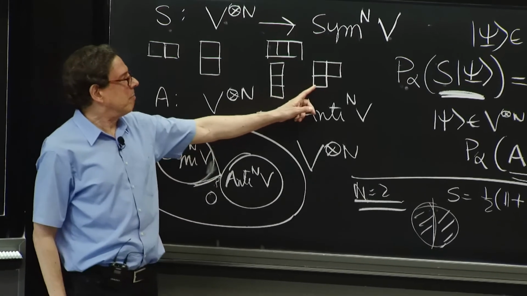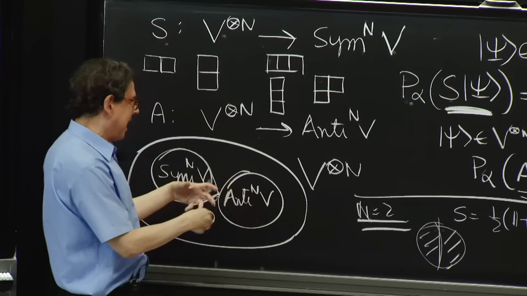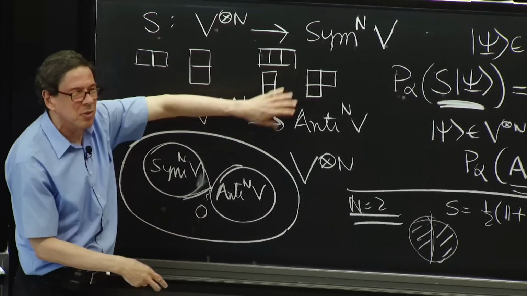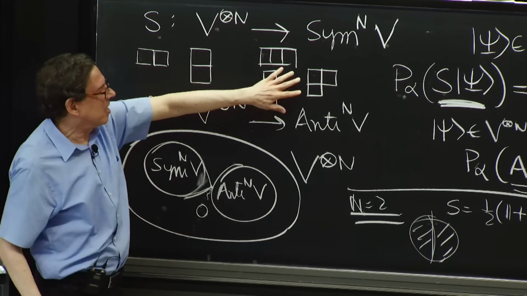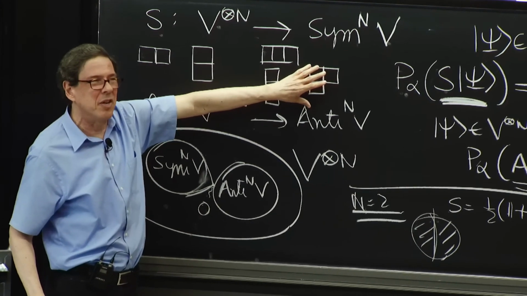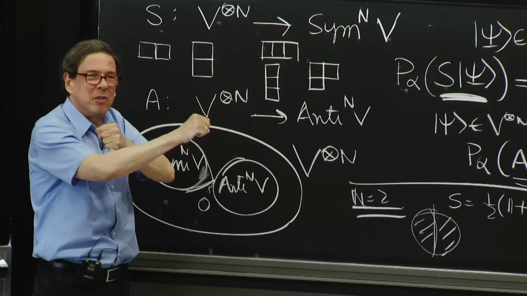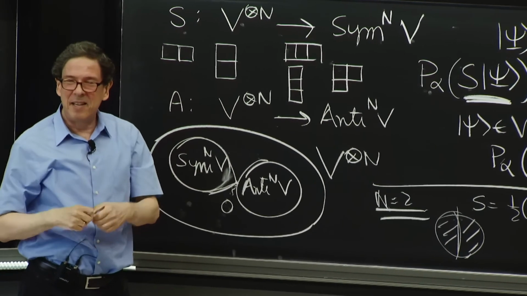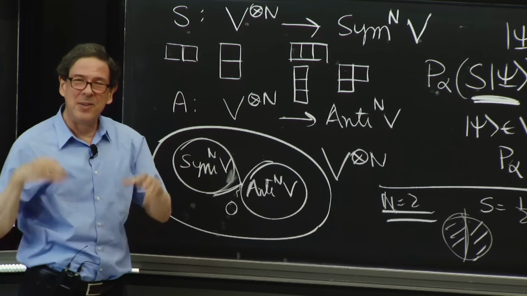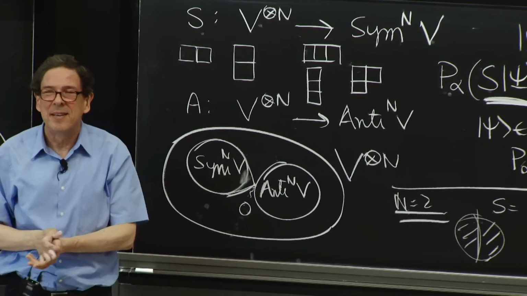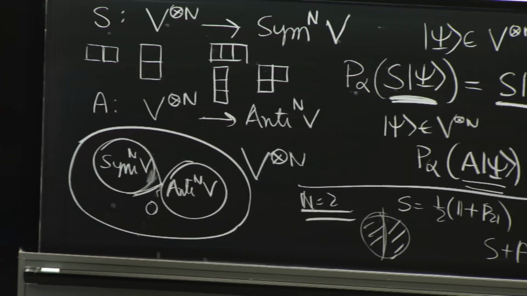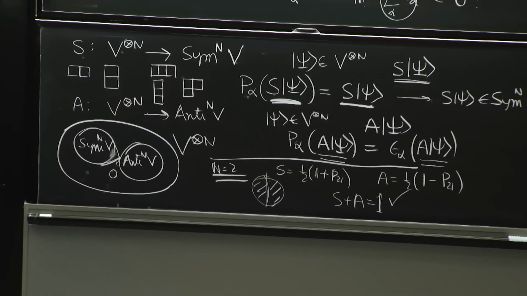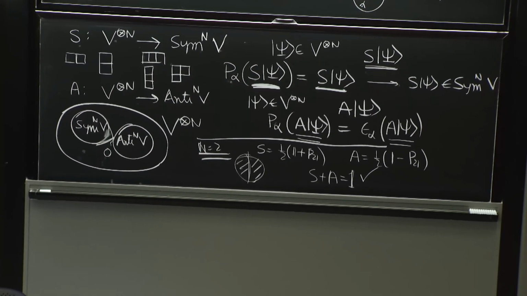These Young tableaux represent the tensors that enter here. There are other projectors to this kind of objects. These objects are neither symmetric nor antisymmetric. They have partial symmetry and partial antisymmetry, and they take a while to visualize. But that's why the permutation group is interesting and why we try to understand it better and better.